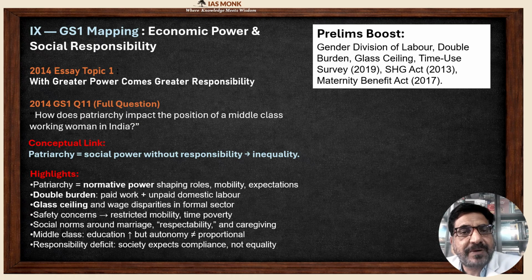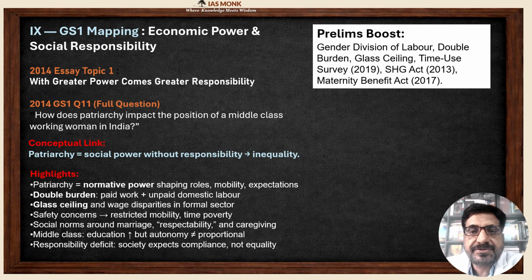So this GS1 question directly reflects the essay theme, that is, when social power is concentrated without responsibility, it produces structural inequality. True empowerment requires redistributing both power and responsibility within families, workplaces, and society. So look into this Prelims Booster: gender division of labor, double burden, glass ceiling, time use survey.